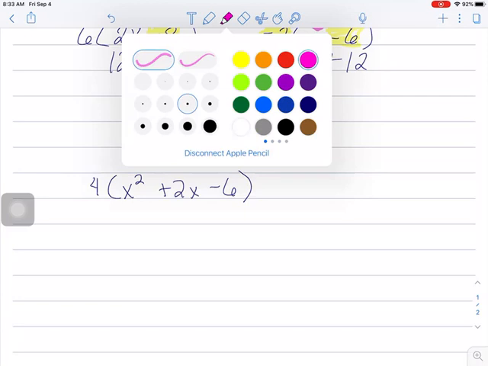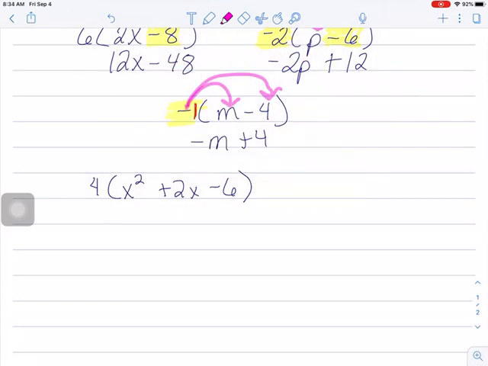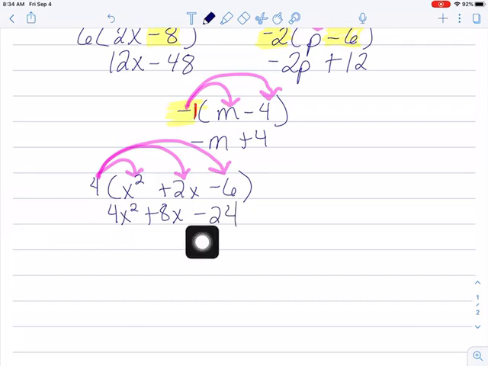So now I need to multiply 4 times x squared, which is 4x squared, 4 times +2x, which is +8x, 4 times -6, which is -24. I cannot combine these, they are not like terms, so I am done.